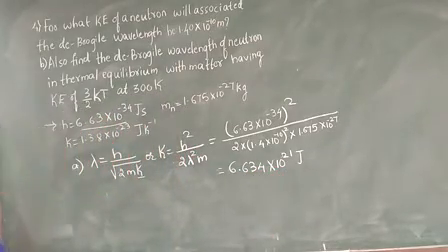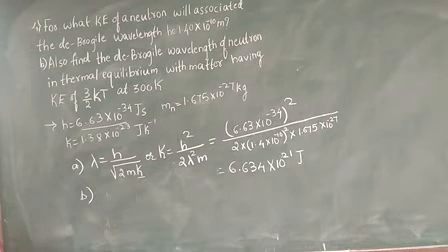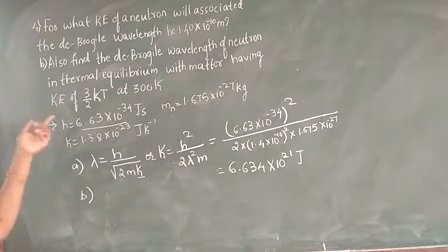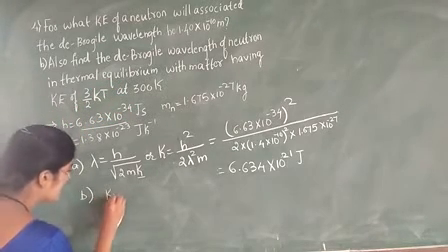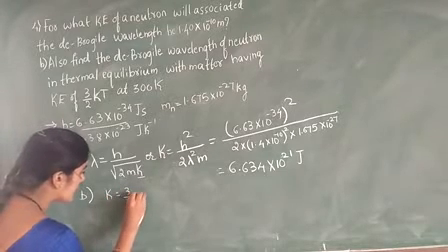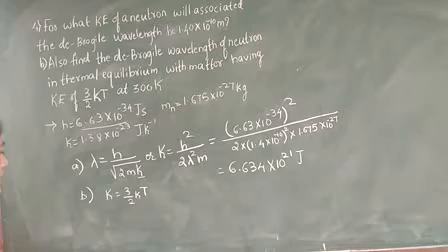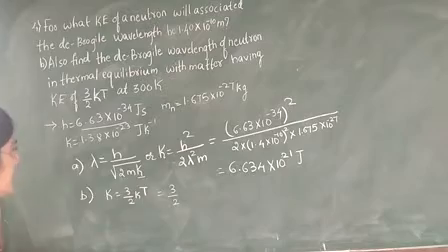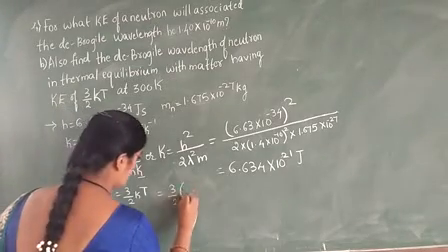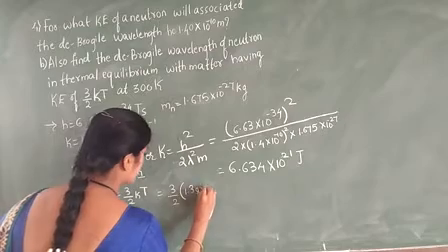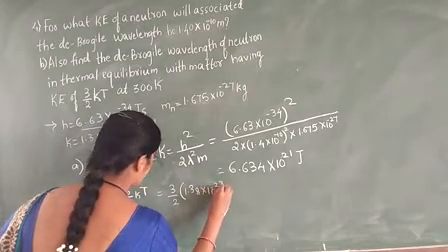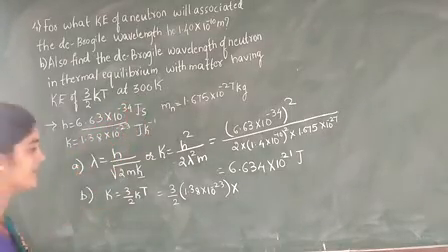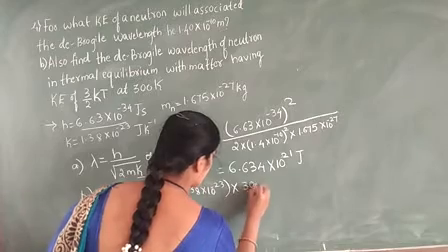In the same way, second, we have to find the de Broglie wavelength of the neutron in thermal equilibrium, for which they have given the kinetic energy. Therefore, capital K is equal to 3/2 into kT, which can be written as 3/2 into the value of k, 1.38 into 10 raised to minus 23, into temperature T, which they have given as 300 Kelvin.